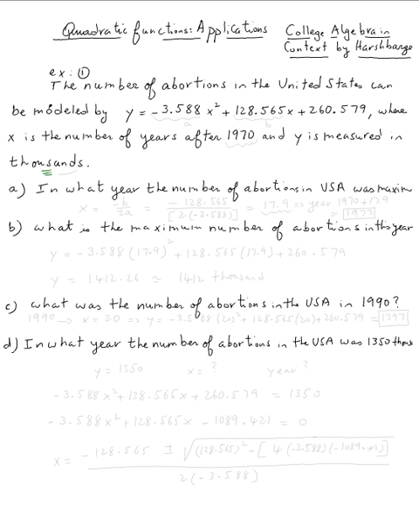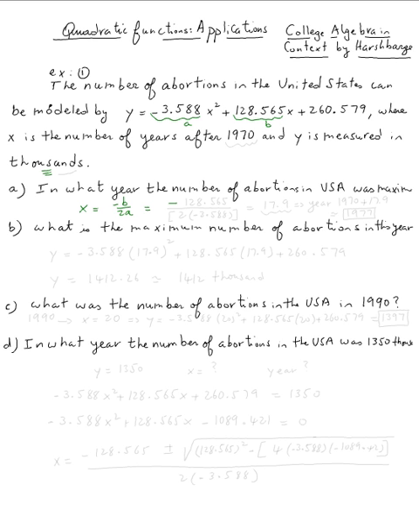Alright, question A. In what year was the number of abortions in the USA maximum? So here we're being asked to find the x coordinate of the vertex. And by definition, the x coordinate is always x equals minus b over 2a. So here's the b, and here is the a.